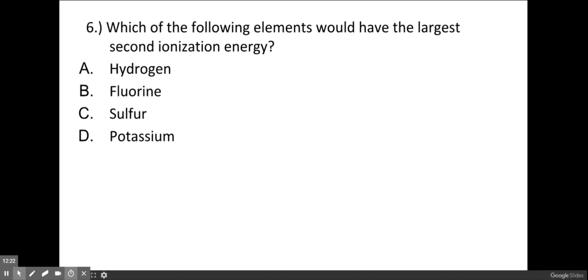Number 6. Which of the following elements would have the largest second ionization energy? Pause. Choose your answer. Okay, so largest second ionization energy. So we're looking at successive ionization energies here.